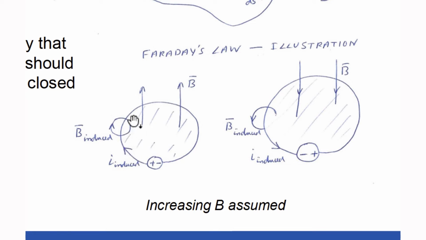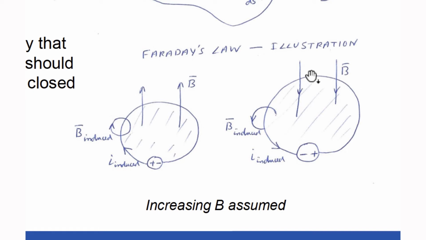Using the right hand rule, the magnetic flux has to be in this direction. So this is opposing the original flux, and this is the correct direction. That is how you take care of this negative sign.